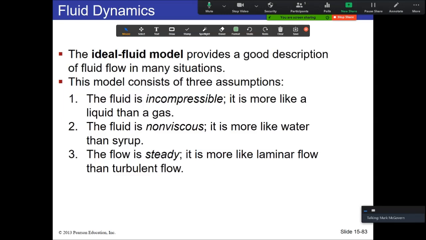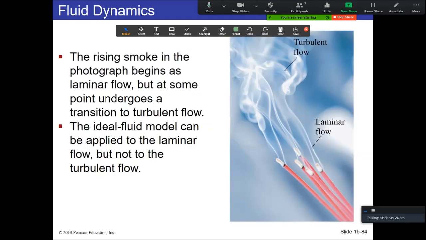And then the other one is we want flow to be steady. Now that's a little bit outside of the other things there. Let me explain a little bit about what we mean by steady flow. In the example here with these little sticks, these little fuses, so to speak, we see two different types of flow here. We see what we call turbulent flow and laminar flow.